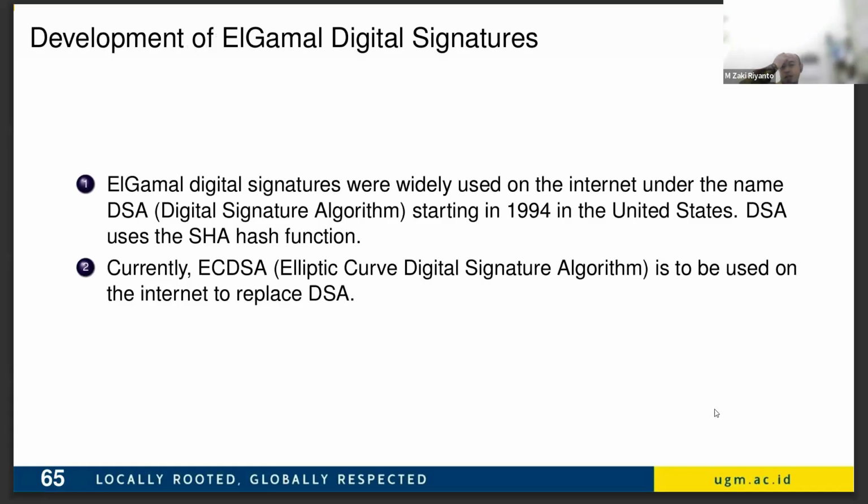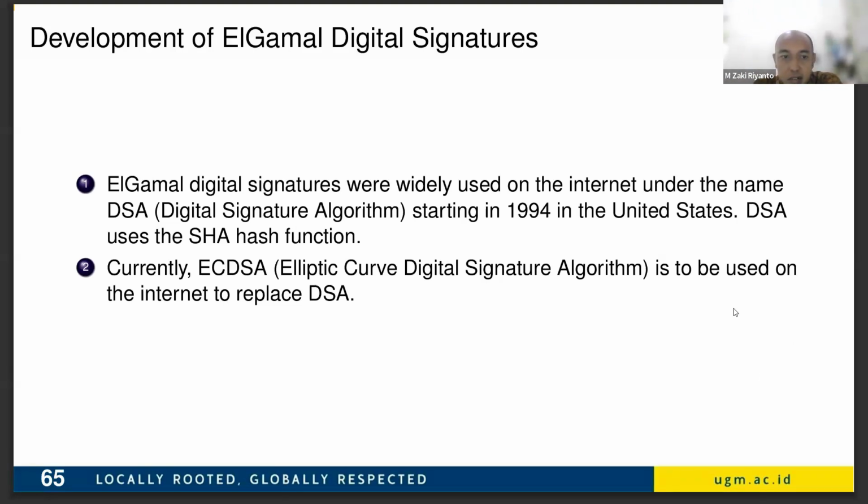Okay, and actually the ElGamal digital signatures are still used today. For public key encryption, we use RSA. For digital signatures, the international standard is the DSA, or Digital Signature Algorithm.